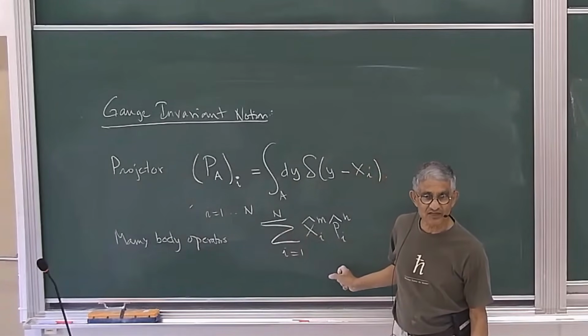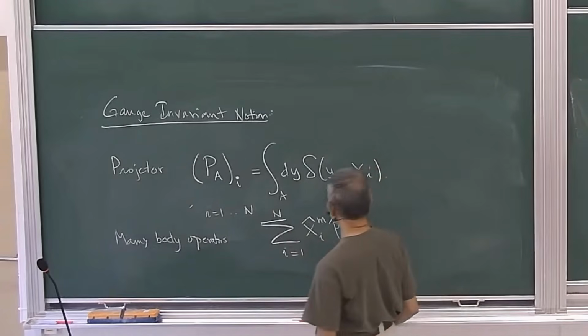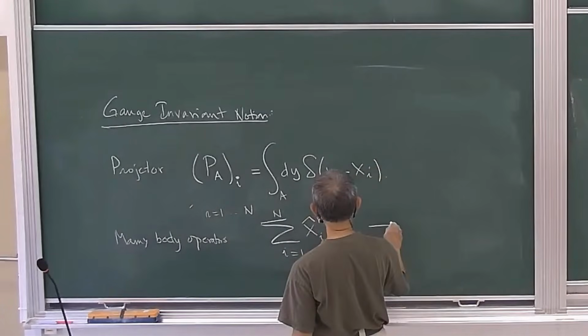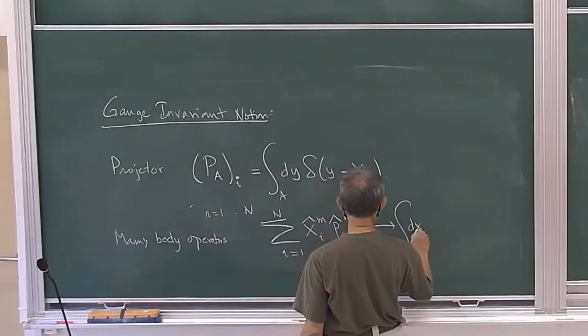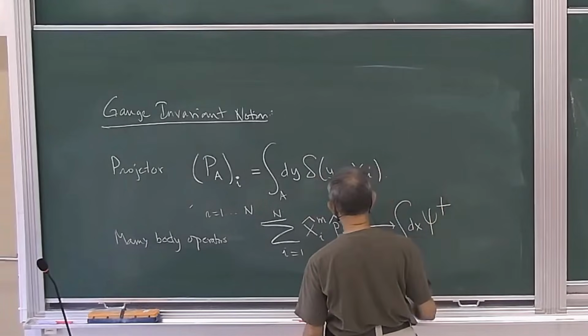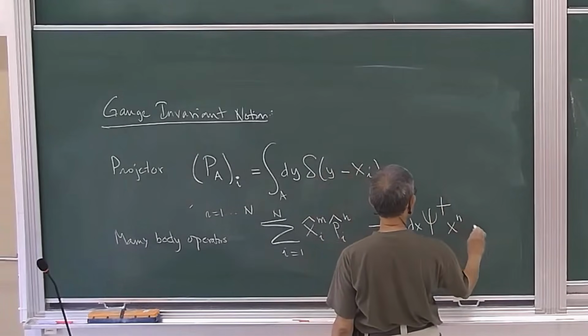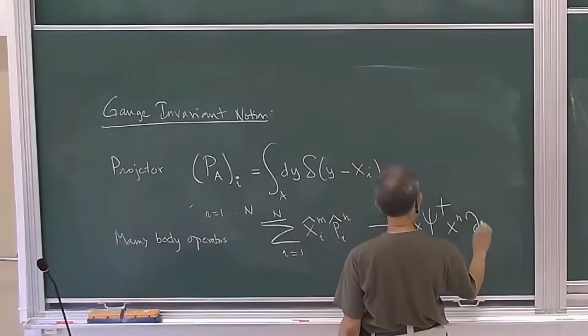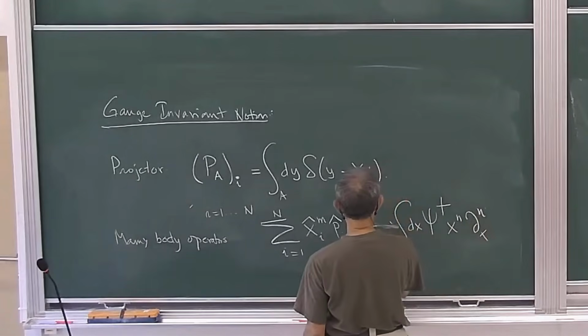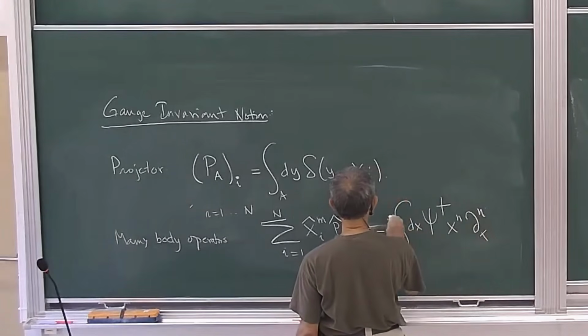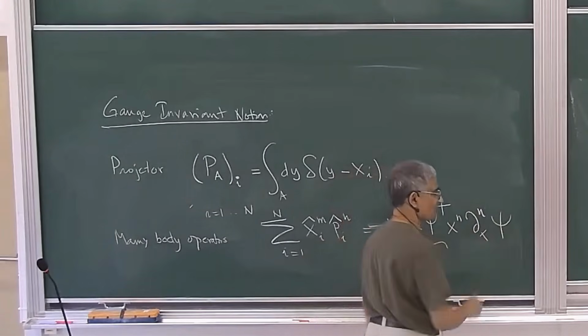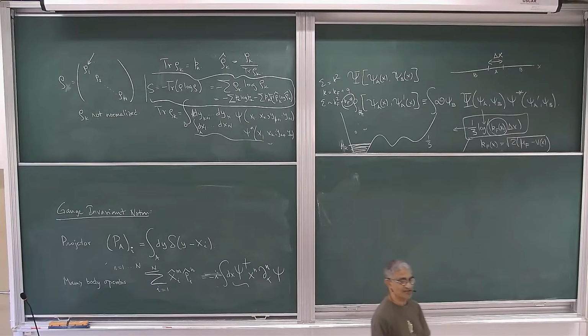This is the object which has a second quantized description, minus i. This is the second quantized description of that operator, where psi is the second quantized field. Mixing of what? I and J sector.